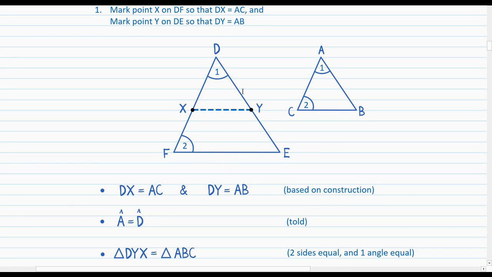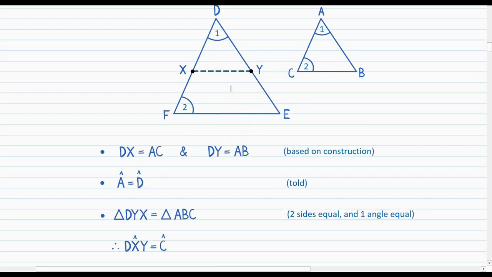Then, since these two triangles are the same, that implies that this angle will be equal to this angle, meaning angle DXY is equal to angle C. So we've confirmed that this angle is equal to this angle.